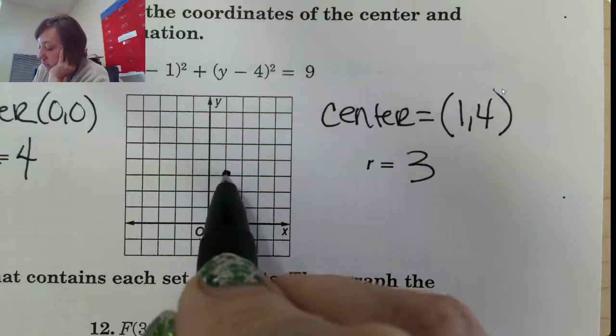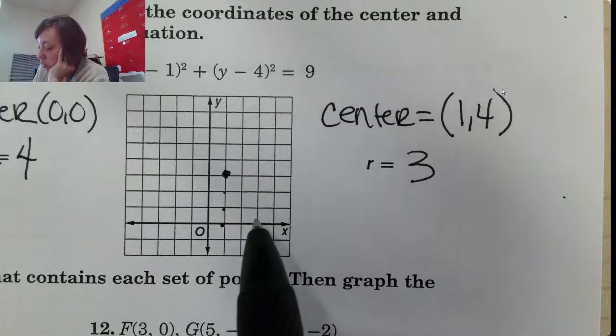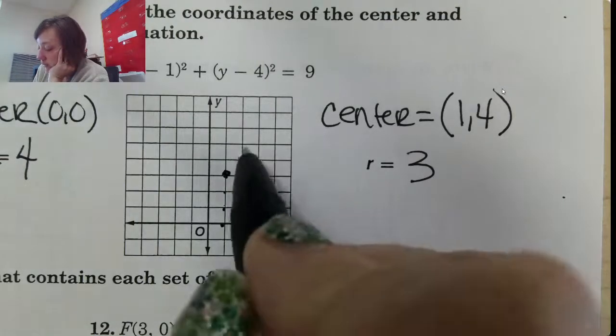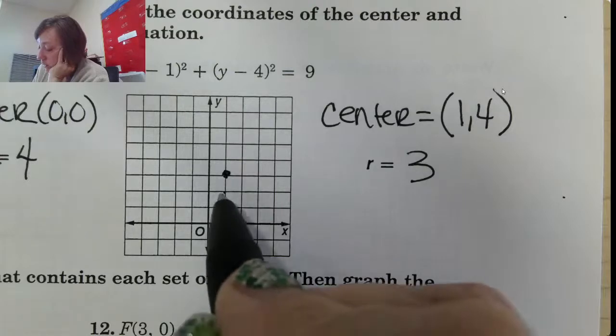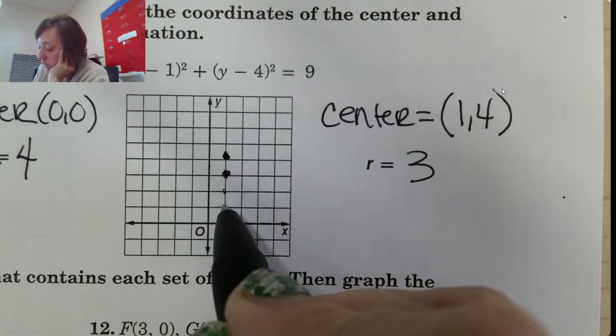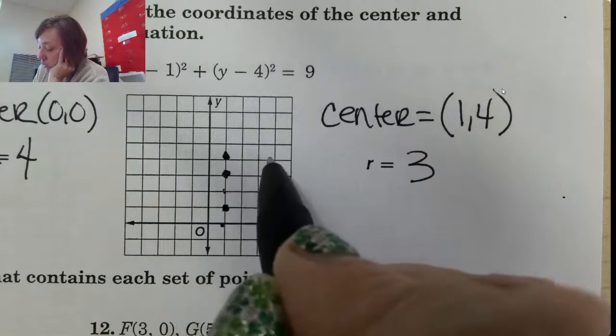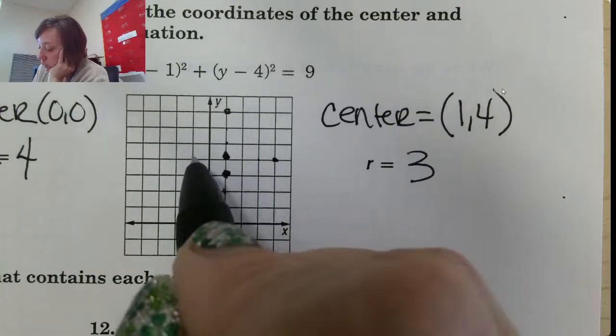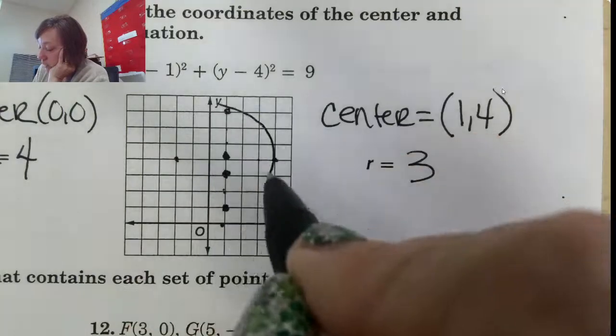That's my center. And then my radius is 3. So from there I'm going to go out 1, 2, I think I miscounted. 1, 2, 3. This is my center here. So my radius, 1, 2, 3 in each direction. And so there's my circle.